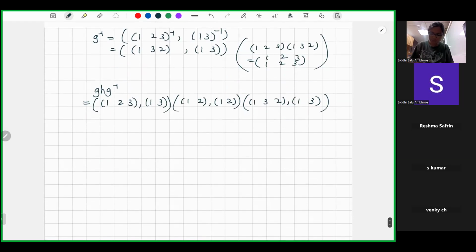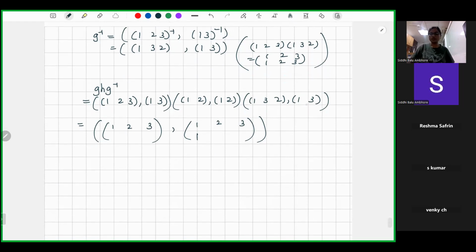And we will do the calculation in one go. If you have any doubt, then please let me know. Then we can do it slow. So first we will do the second coordinate. For the second coordinate, 1 goes to 3. Here 3 goes to 3. And here 3 goes to 1. So I have 1 goes to 1 here.